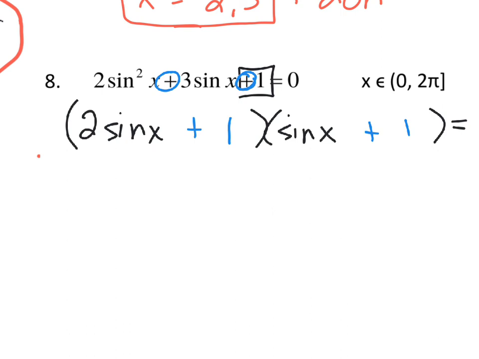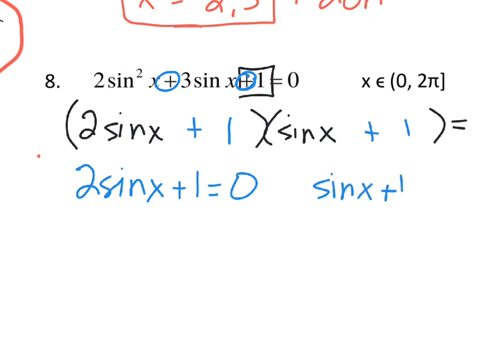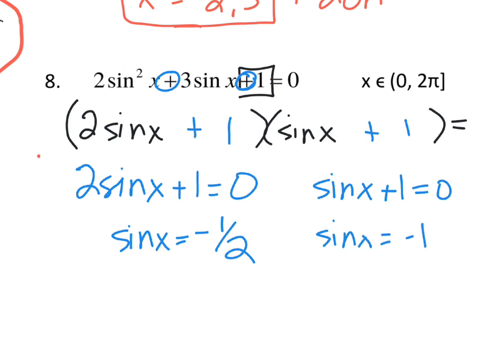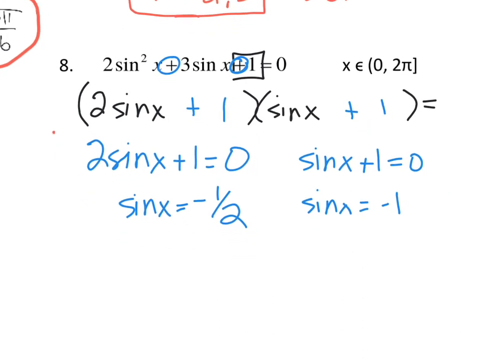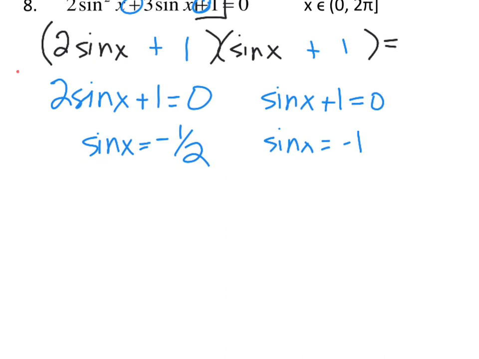So we're going to take both of our factors and set them equal to 0 and solve. Here we get sine x equals negative 1/2, or we get sine x equals negative 1. So we want to think about everywhere on the unit circle where the sine is negative 1/2.